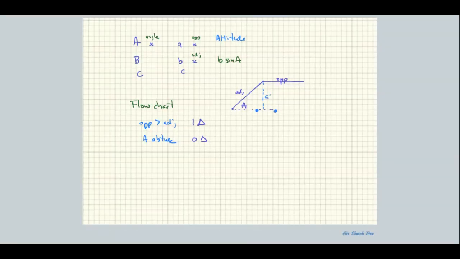This is the altitude, and that's the B sine A that you see here. So you'll calculate that on your grid. And if the opposite is greater than the altitude but less than the adjacent, then that's the only case where we get two triangles and you have to do the extra calculations. So if the opposite is now greater than the altitude, that's when we get two triangles.